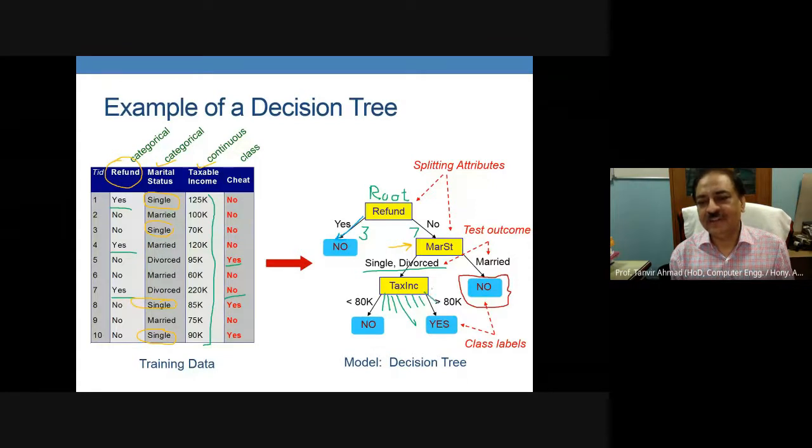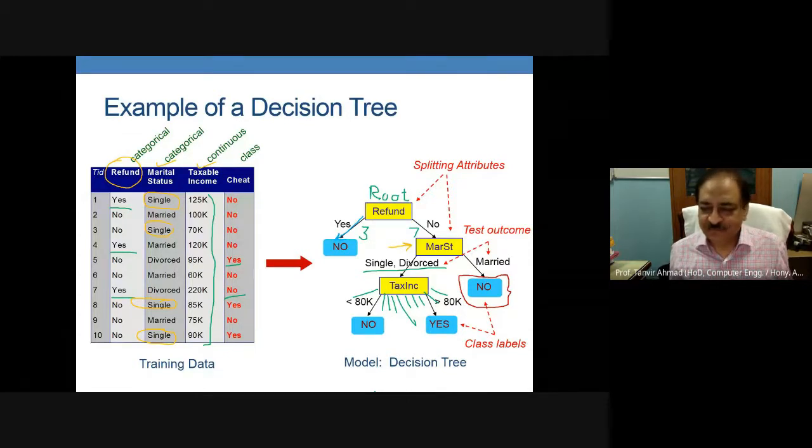You will have all these 10 branches, where each one will generate a pure partition, isn't it? Each one of them will generate a pure partition, which will not solve the purpose. Why? Because if I have say 10,000 records, there could be thousands of taxable incomes, and therefore I will generate thousands of branches.